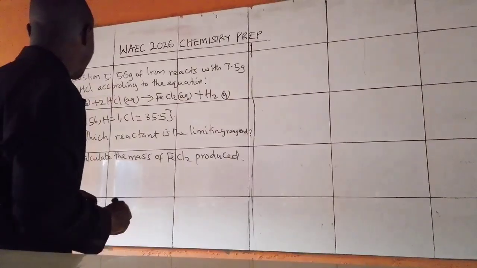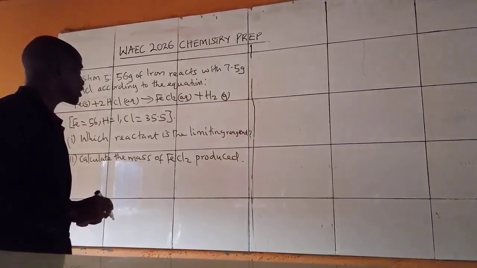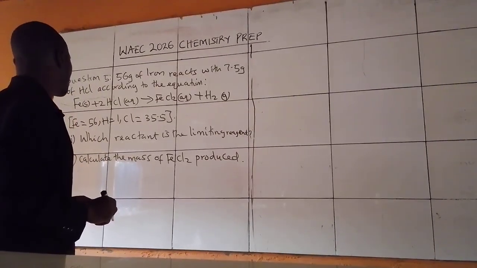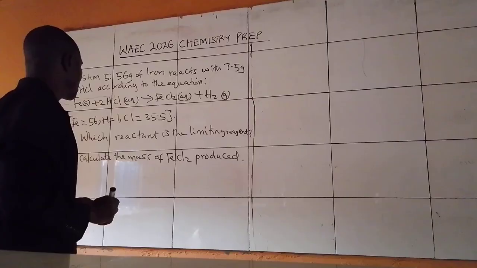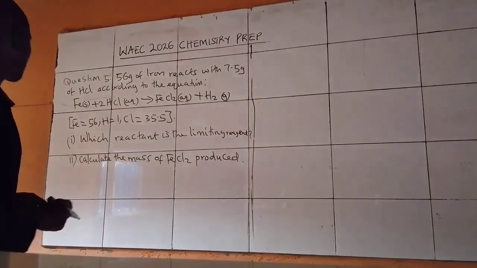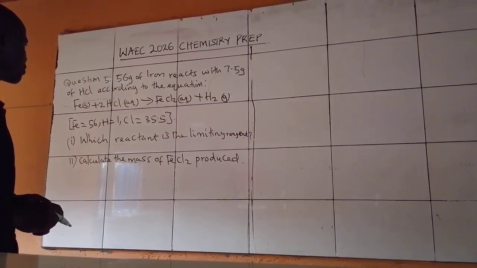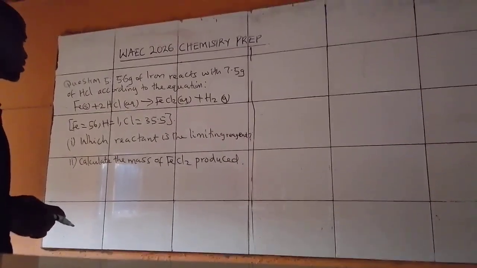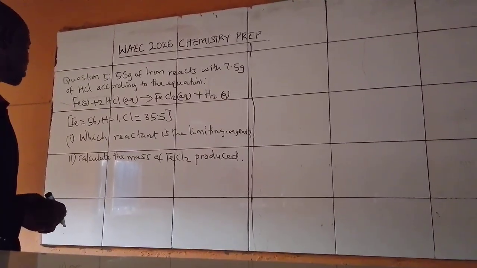And the question says, 5.6 gram of iron reacts with 7.5 gram of HCl according to the equation. We have iron reacting with 2 moles of hydrochloric acid to produce iron(II) chloride and hydrogen as a gas.